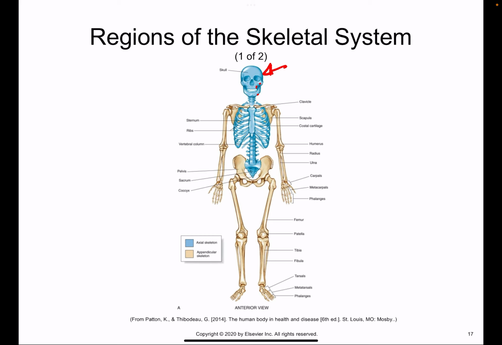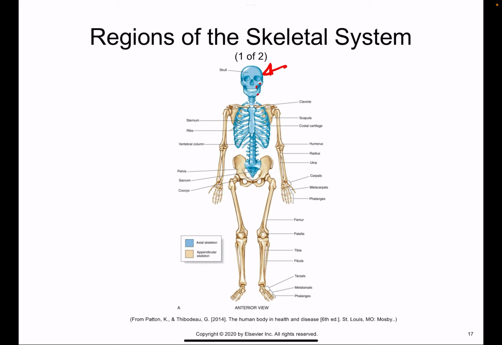That sometimes is a question that pops up on the NBLEX that people get wrong, because yes, you were right to think about it when they talked about the sternum and they're asking you what is a central region of the axial skeleton.